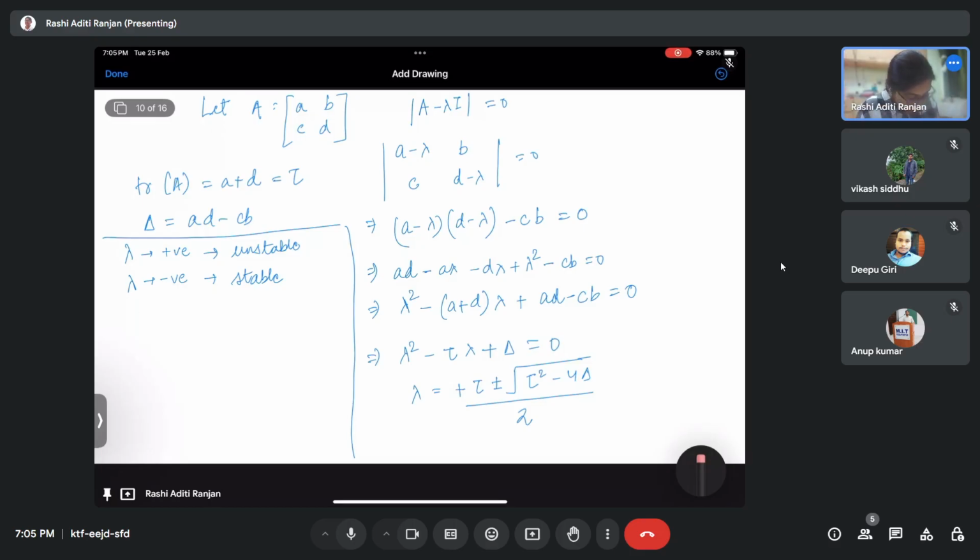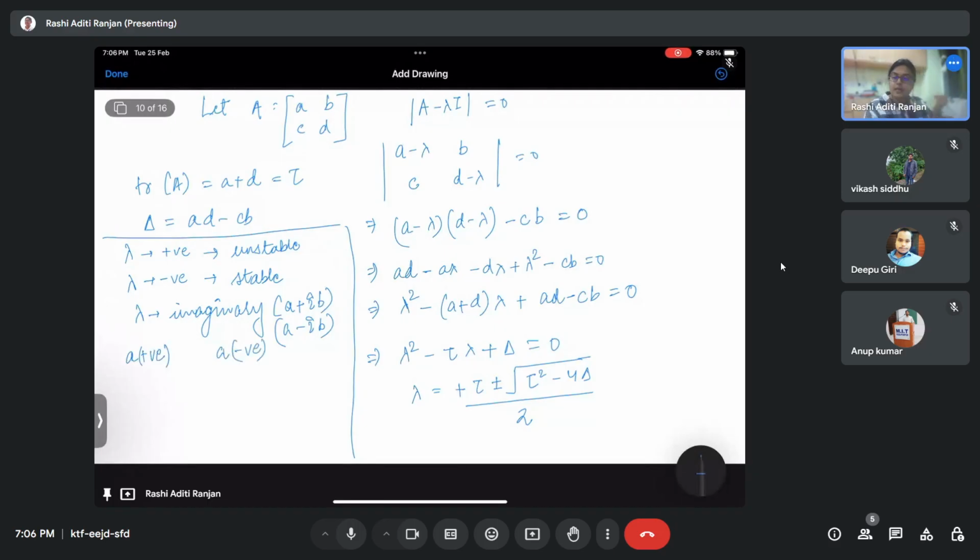If my lambda is imaginary, of the form a plus iota b, a minus iota b, here I have a positive and a negative.